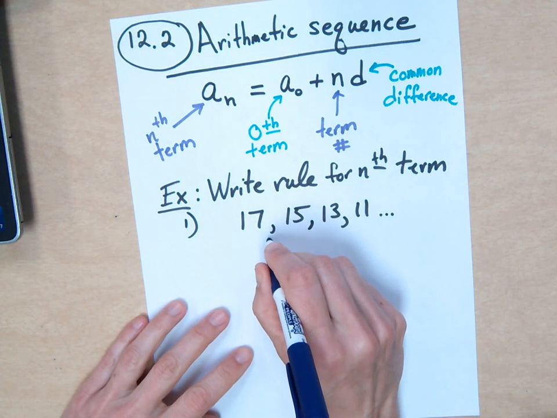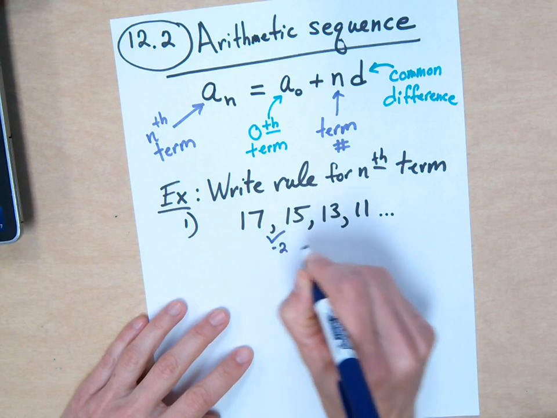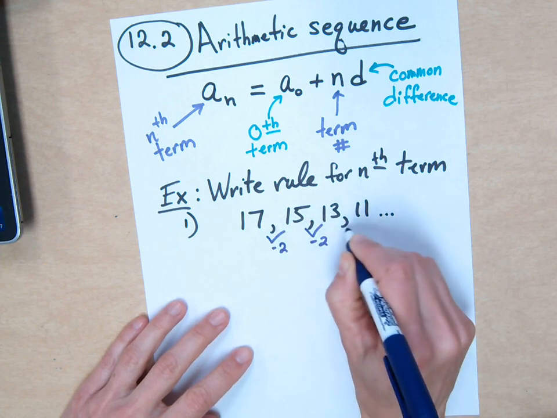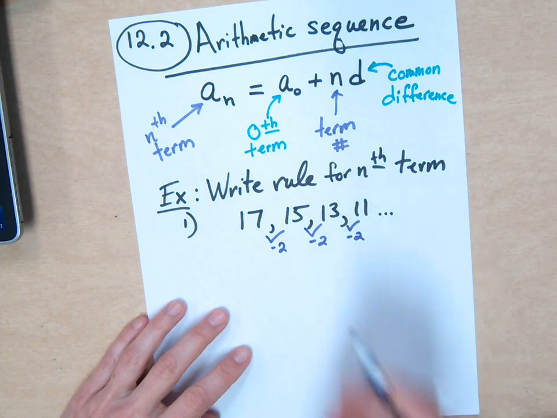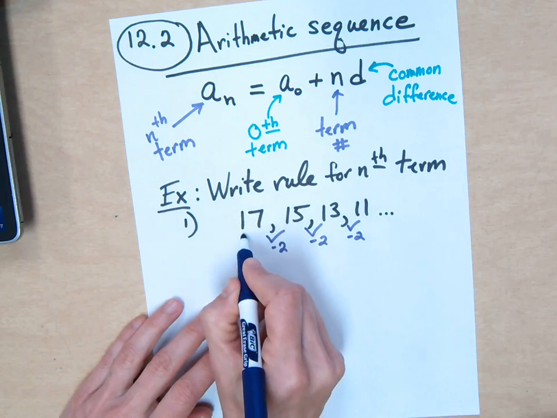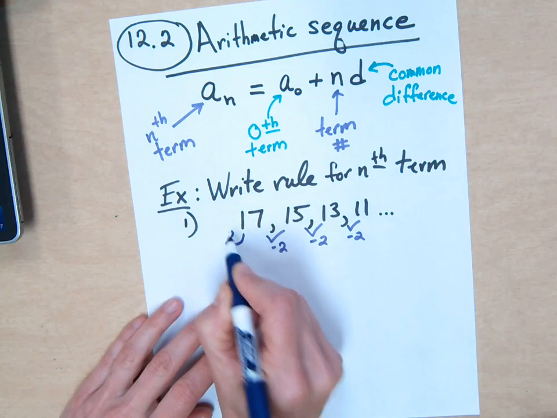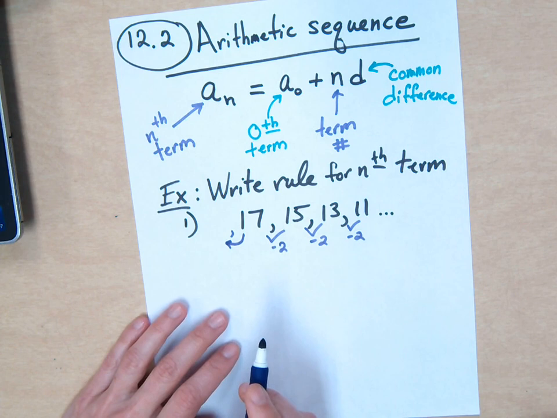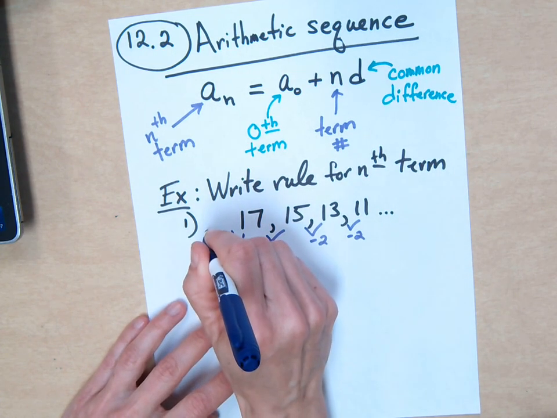So we add -2 each time, or we're subtracting 2 each time. So d is -2. And what's the 0th term? If we were to go in the reverse direction, then instead of subtracting 2, we need to add 2. So the 0th term is 19.